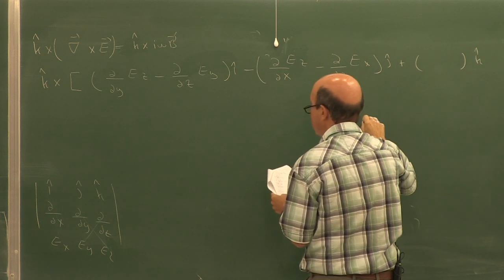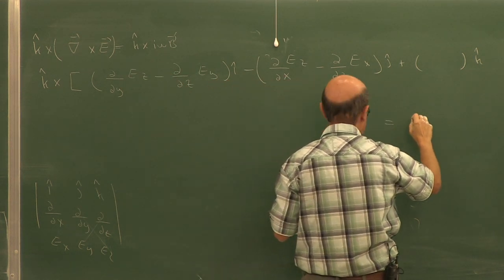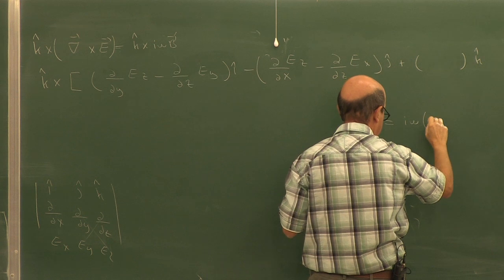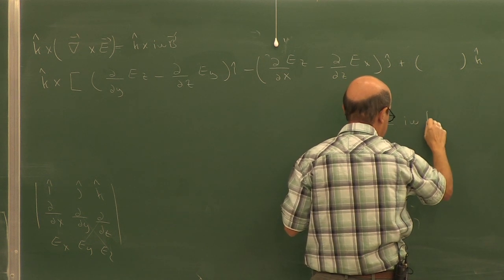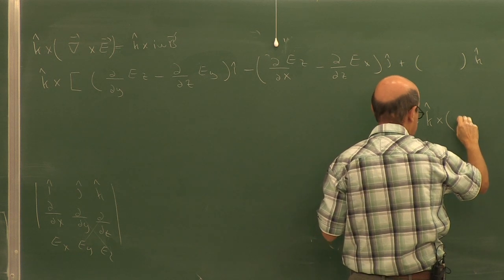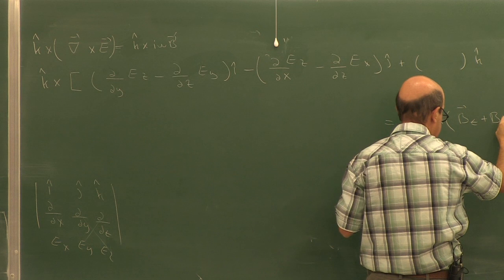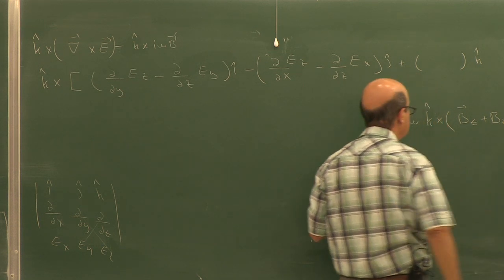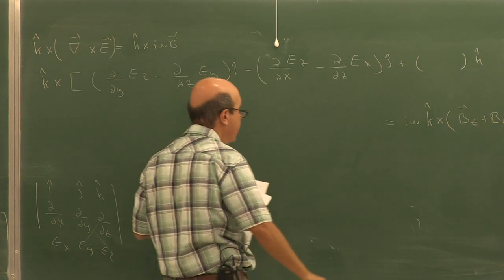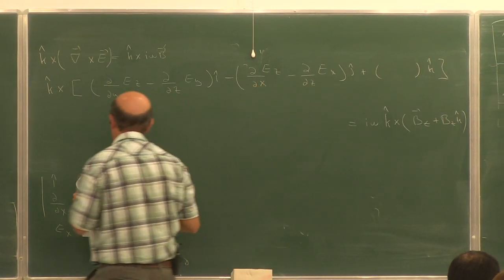That is equal to what? For the right hand side, what do you have? k, i omega, k cross B. B is B transverse plus Bz k.